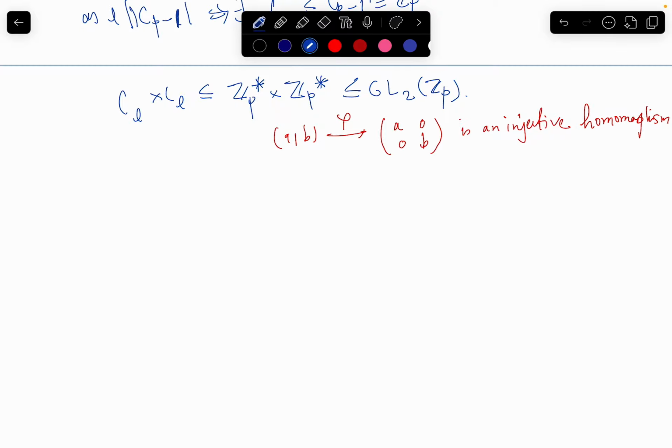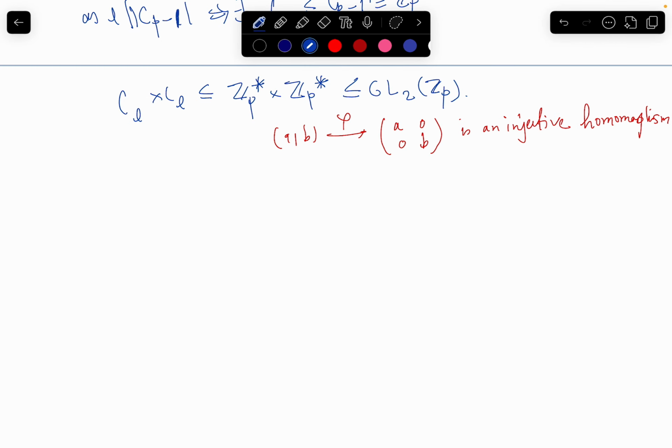So you can take an element of C_l and another element of C_l and identify them.